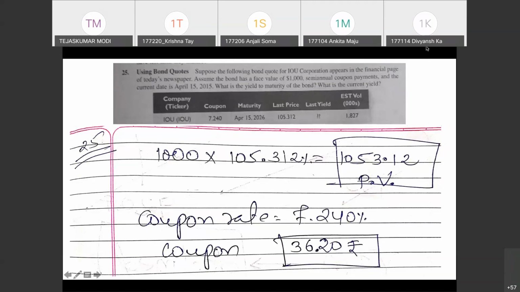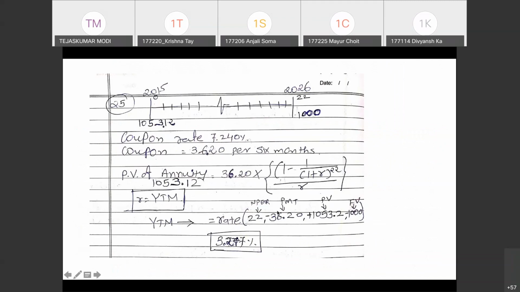Sir, manually, we first discount with an assumed rate, a trial and error method. We take any percent, like we always started with 3% in previous questions, but any percentage can be used.